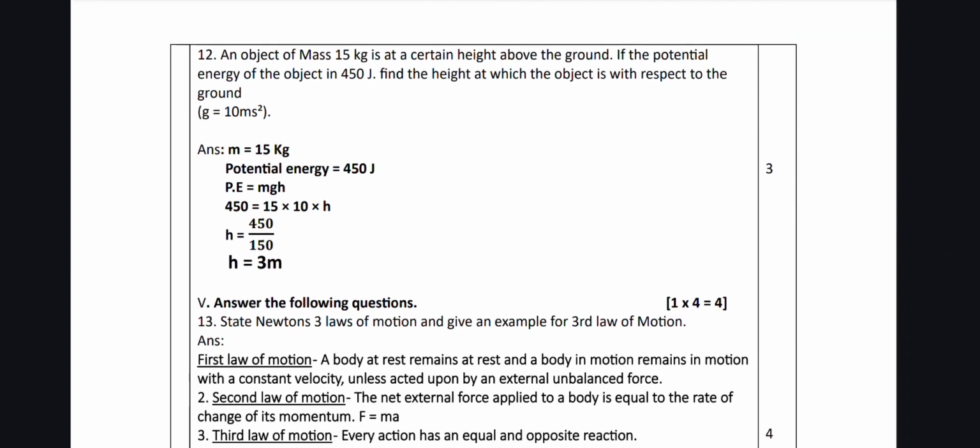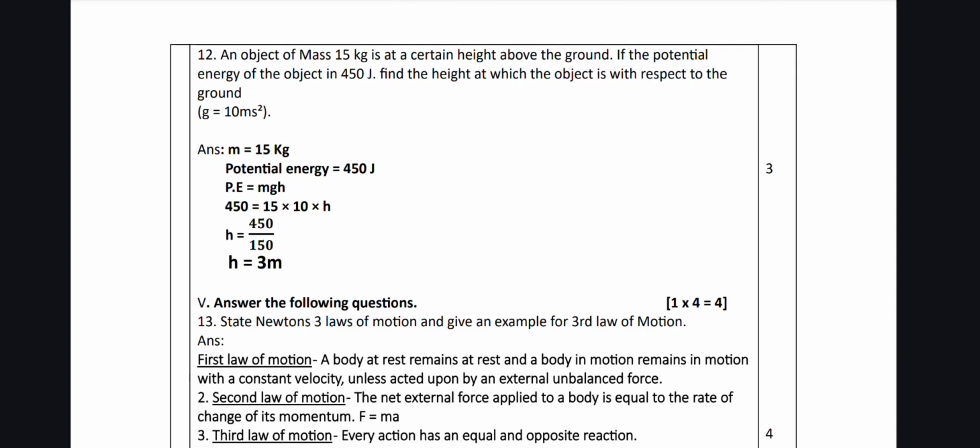Next question. An object of mass 15 kg is at a certain height above the ground. If the potential energy of the object is 450 joules, find the height at which the object is with respect to the ground. g is equal to 10 m s^-2.